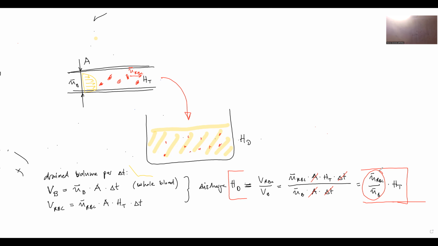And Fåhraeus observed that HT, write this down, Fåhraeus' observation was that HT is smaller than HD, at least in small vessels.